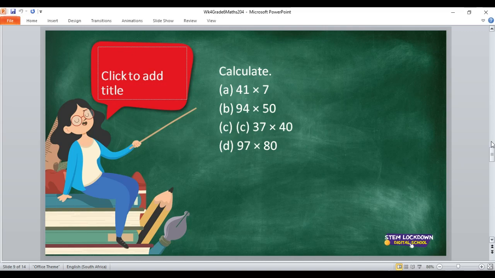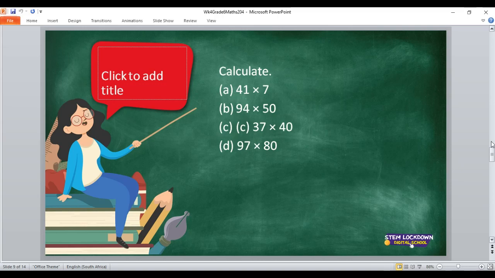All right, so what we're going to do here on A, we have 41 multiplied by 7. We're first going to put it in place value parts. We're going to have 40 multiplied by 7 plus 1 multiplied by 7. Okay, and then we're going to add our parts, and then we will get our answer. I'm not going to give you the answer.